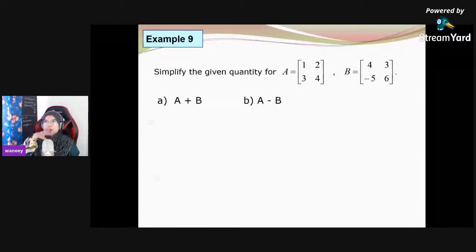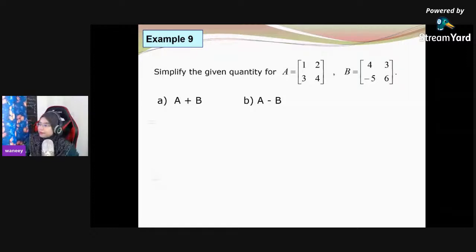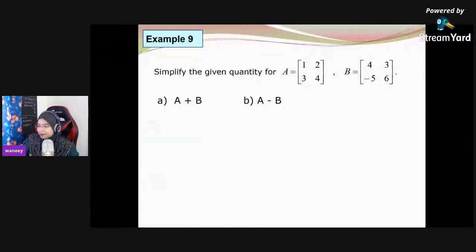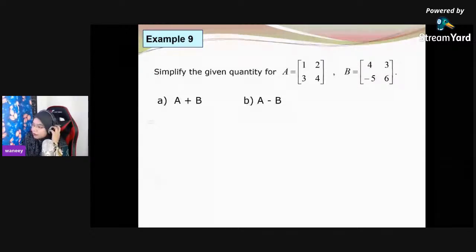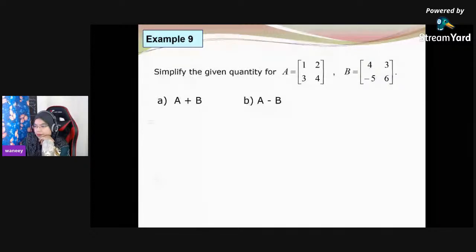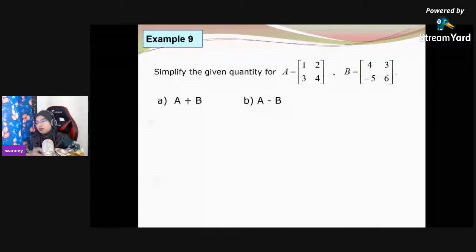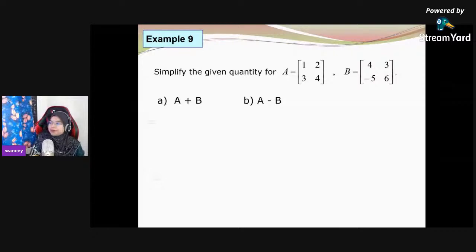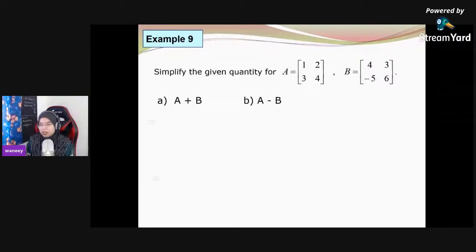Ataupun nombor, space, nombor, koma pun tak apa. Five, -2, 10. So those are A plus B. A minus B.